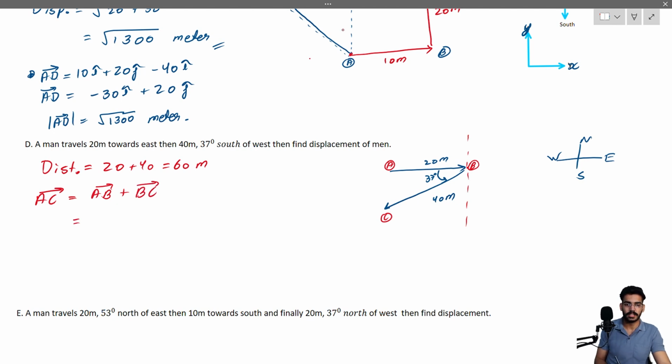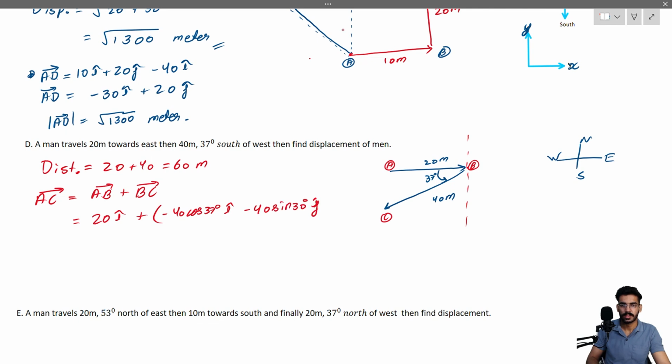AB is 20 i cap, plus BC vector, I can say this is 40 cos theta i cap, that is negative i cap, right? So minus 40 cos 37 i cap, and j cap also is negative, so minus 40 sin 37 j cap.